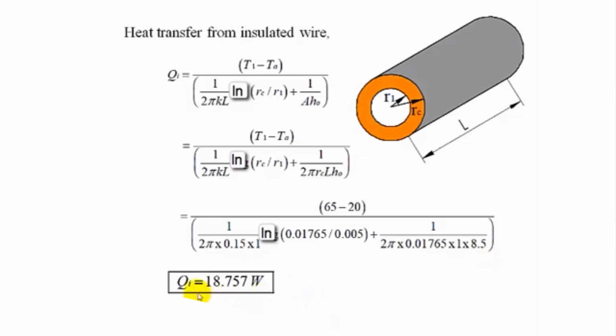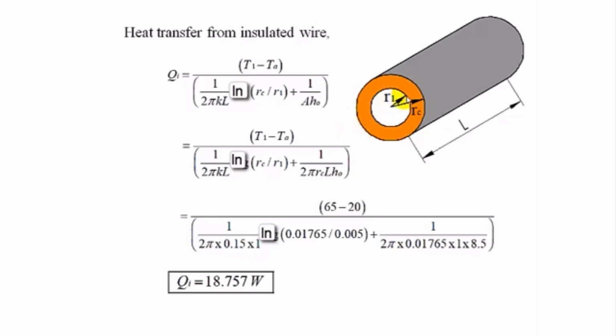Now the heat dissipation is more. Why is more heat dissipated? Because we are keeping the same cable surface temperature. The same current flows, so the same amount of heat is generated, and if you provide insulation for the same current flow, the temperature of the cable surface will decrease.